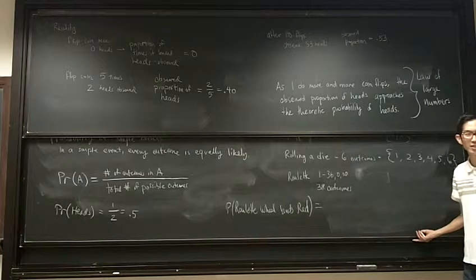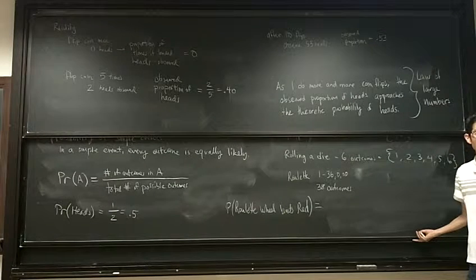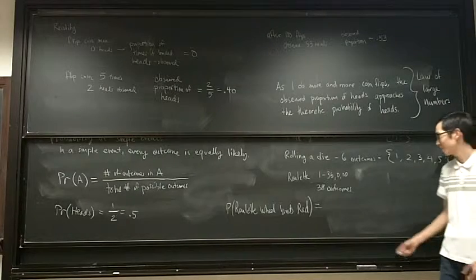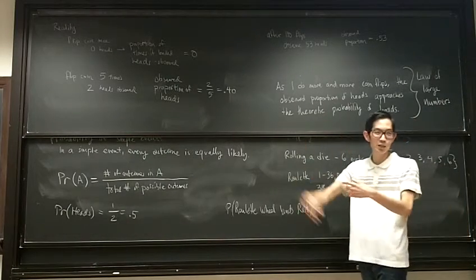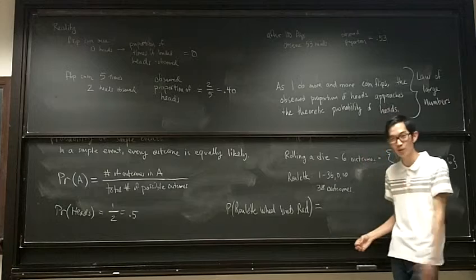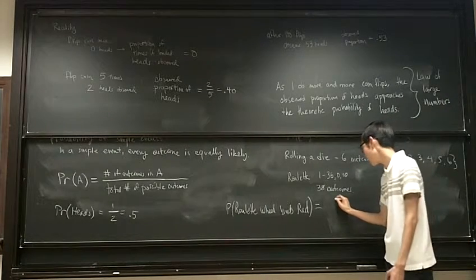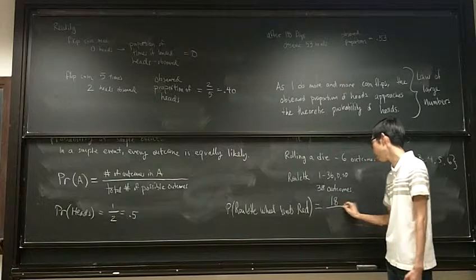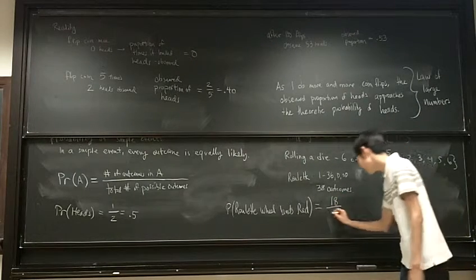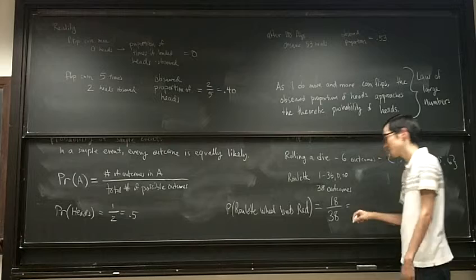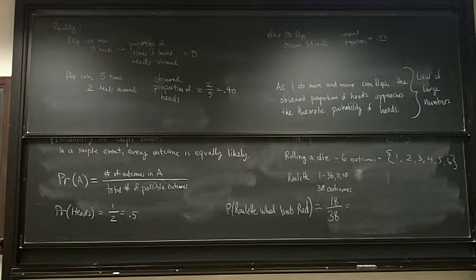Does anyone know? Nobody goes to Vegas? Nobody plays these games? Alright, there's 18 red spots, 18 black spots, and 2 green spots, okay? So the probability that the wheel lands red is 18 out of 38. That's 47 or something like that percent.